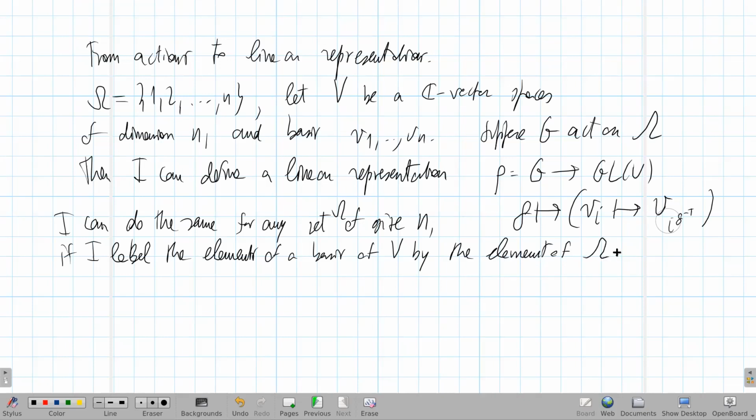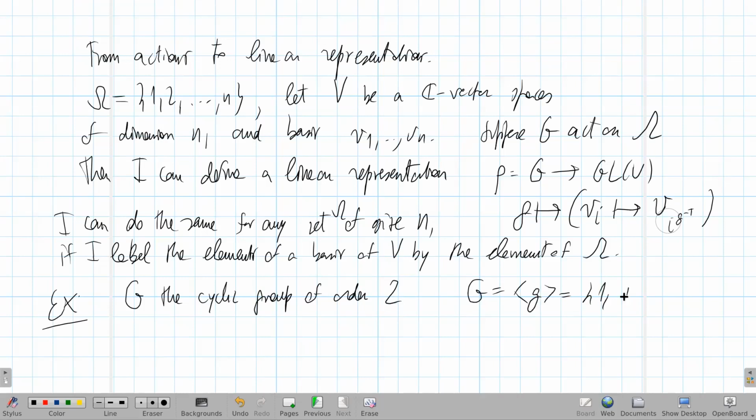Well, let's start with an example. It's a very simple example, but consider the group G to be the cyclic group of order 2. So G will be generated by an element g, which is of order 2. So G has exactly 2 elements, 1 and g.